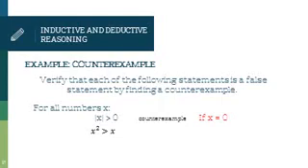And how about this one? X squared is greater than x. So, counterexample, if x is equal to 1. Kasi 1 squared is not greater than 1. Okay? 1 is equal to 1. Kapag ito naman, 2 squared is greater than 2, so the answer will be 4 is greater than 2.